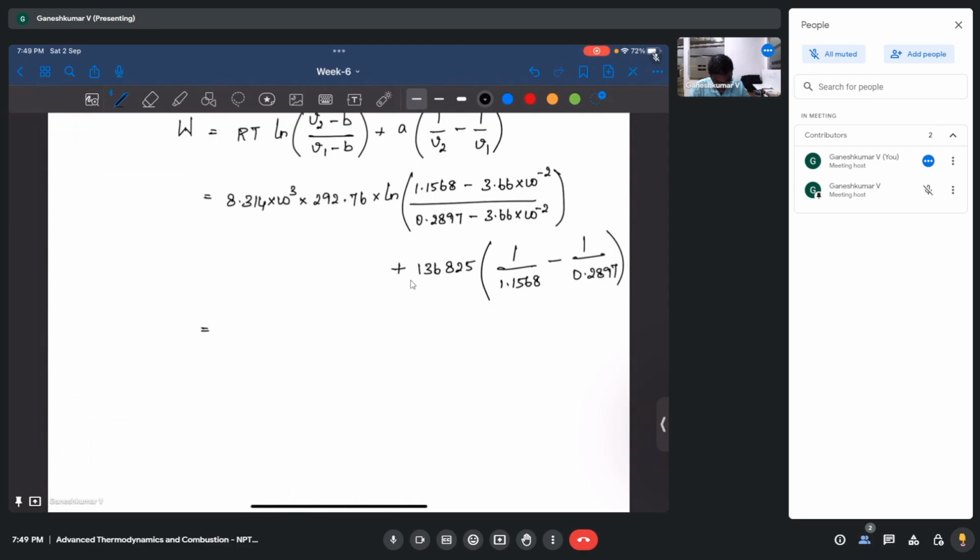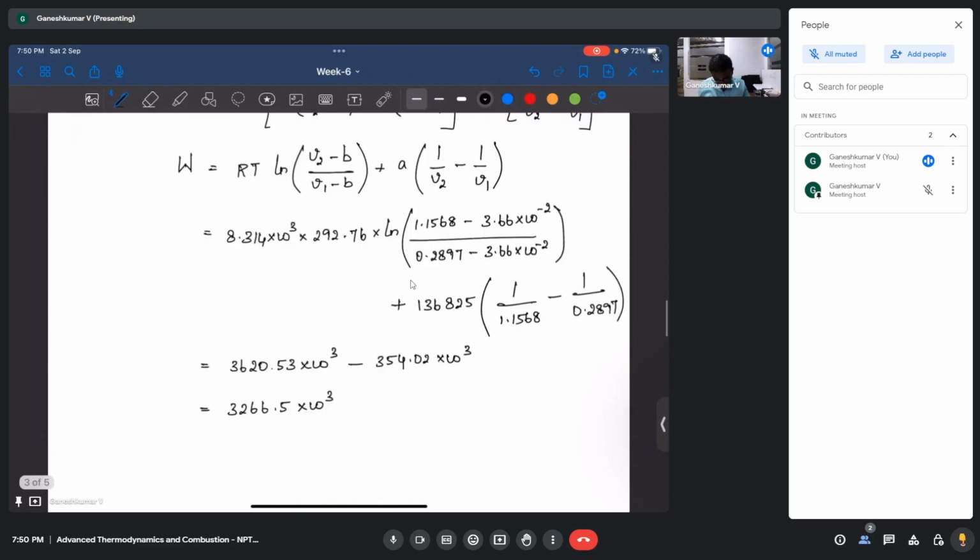Alright, and the answer times 292, 314 into 323, sorry, 3620.53 into 10 plus 36825 divided by 1.1568, 2897. 354.023. So total 3266.5 into 10 power 3.